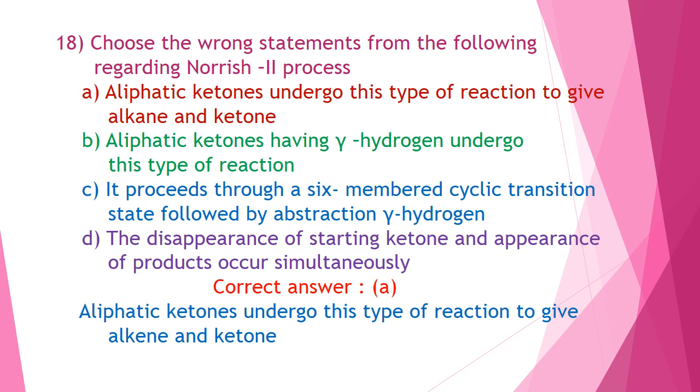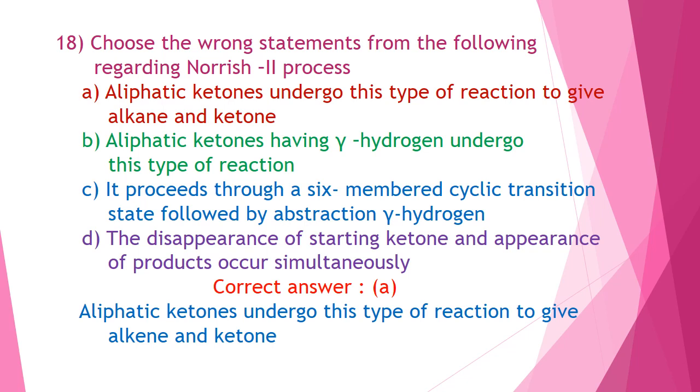It is wrong, because the aliphatic ketone undergoes this type of reaction to give alkene and ketone. That is correct. Therefore, the correct answer for this question is A, the wrong statement. For this wrong statement, the correct statement is: aliphatic ketones undergo this type of reaction to give alkene and ketone.